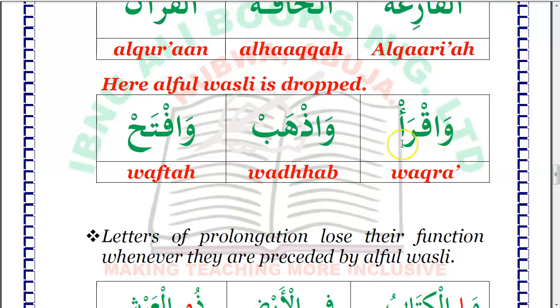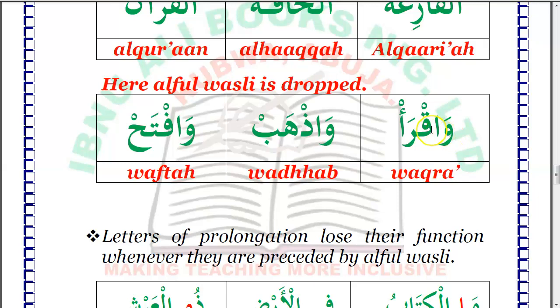Here we are going to read it as waqra. So this alif becomes a silent letter. It becomes ineffective. It becomes passive, no longer active.